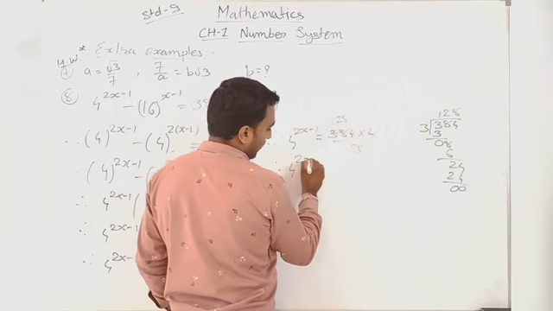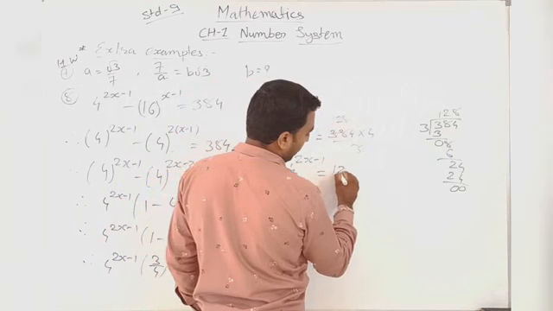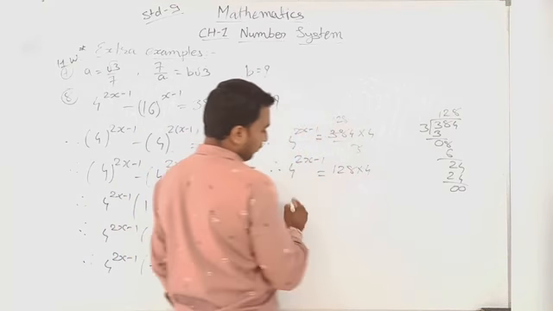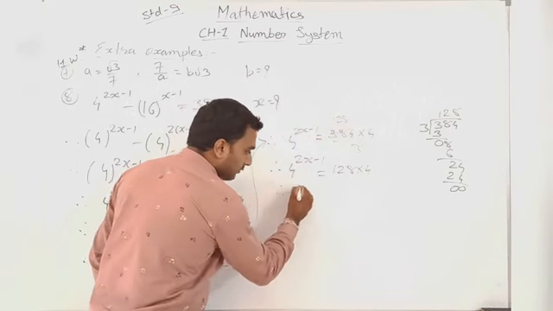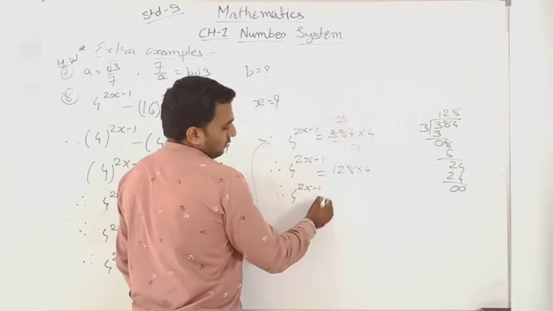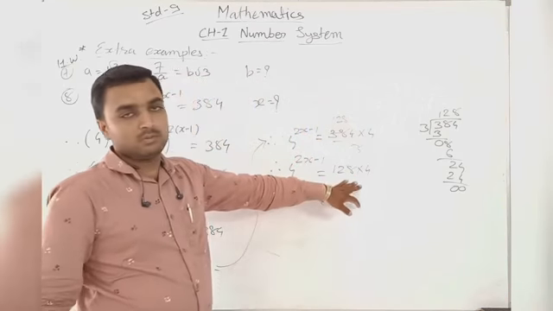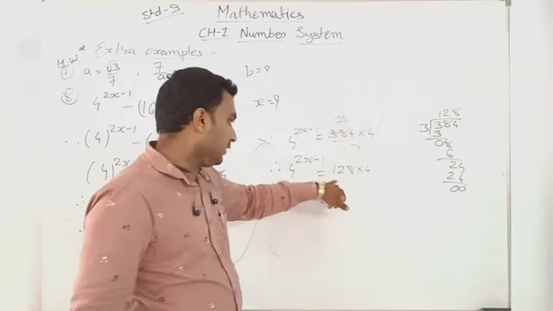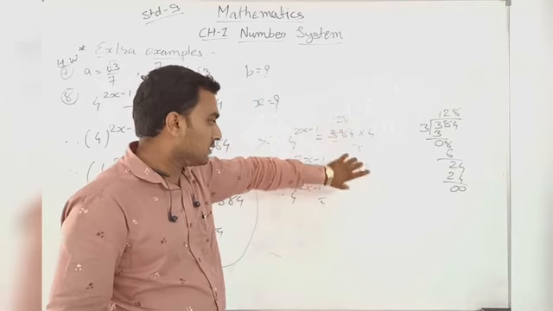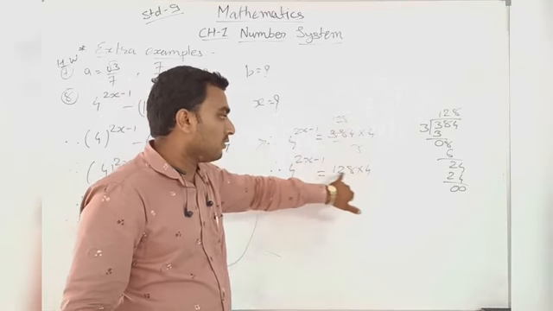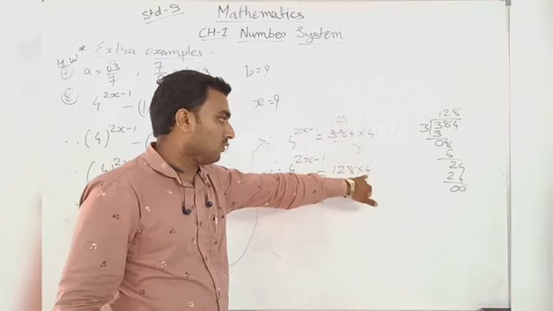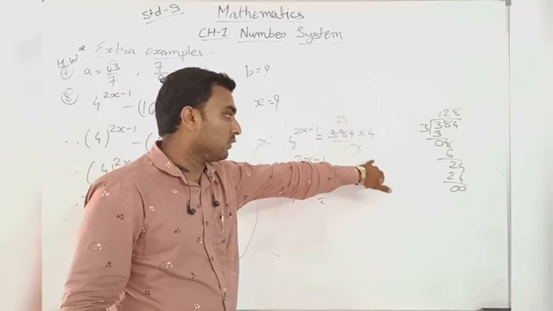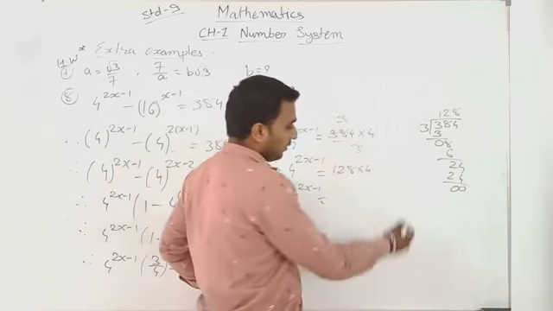So 4 raised to 2x minus 1 is equal to 128 multiplied by 4. Now what is 128 multiplied by 4? We need to find the factors of this one. Why? Because we need the 4 raised to power. This is not a 4 raised to power. Here this one only has 4 raised to 1 power, but we have to split this one.